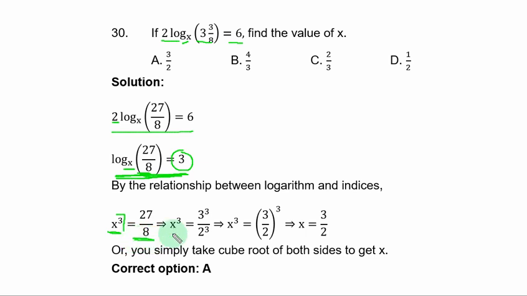So to remove power 3 from here, you try to obtain power 3 from this side, so you express it in this form. If you factor out power 3, you have this result. If you equate the powers, you have s equal to 3 over 2, or you simply take the cube root of both sides to get s. A is the correct option.